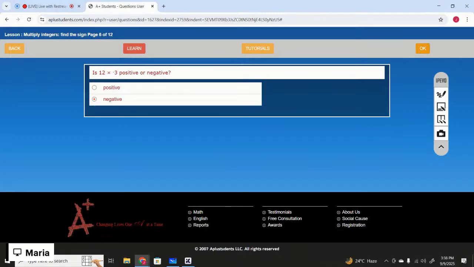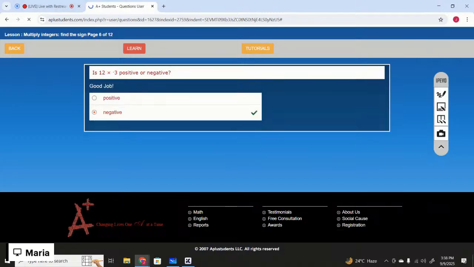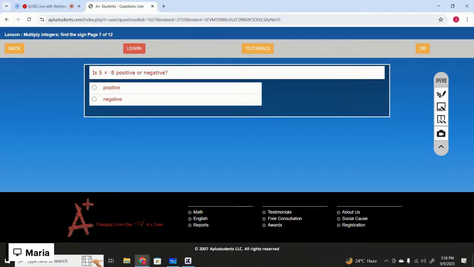Option number 2 is the correct option. Is 5 times negative 8 positive or negative? Negative it is. Option number 2 is the correct option.